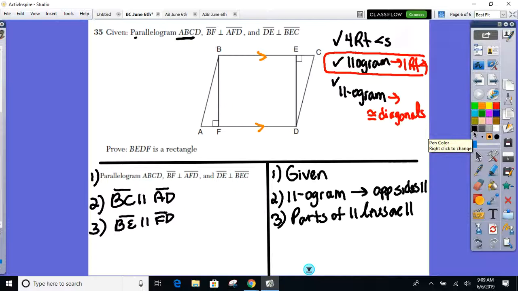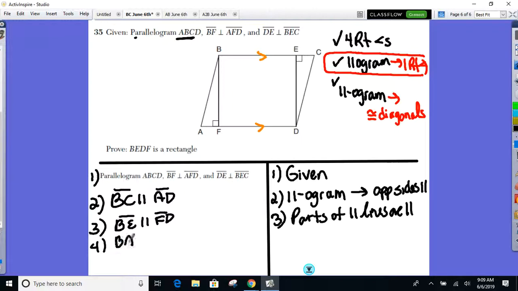Okay, BA congruent to CD. Parallelogram implies opposite sides congruent. All right, Vincent got you guys a pair of sides.